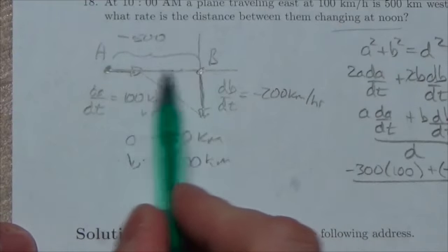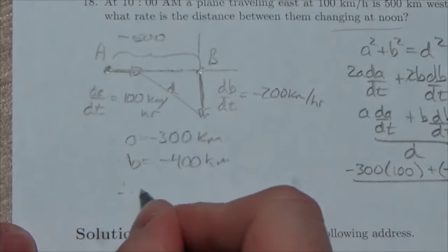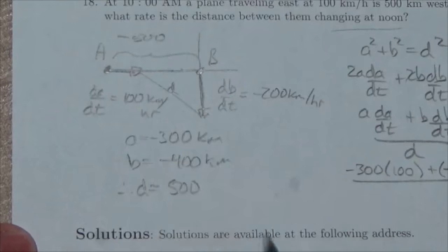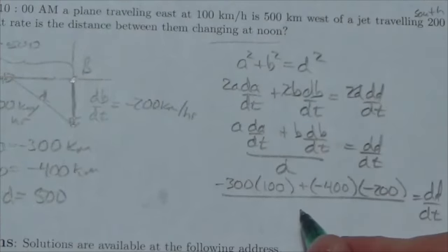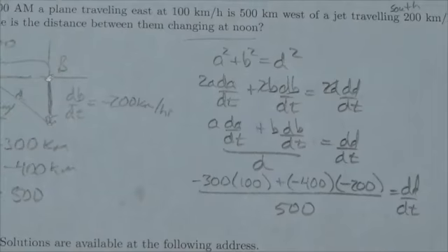If this is 300 and this is 400, d is going to be 500. When you square those two distances, add them together and take the square root, the squaring gets rid of the negatives, so it's a positive value. So this will all be over 500.